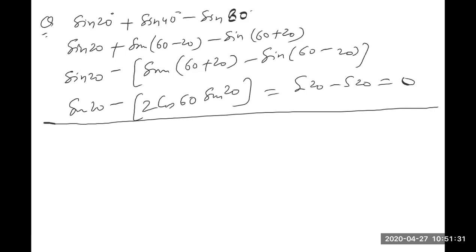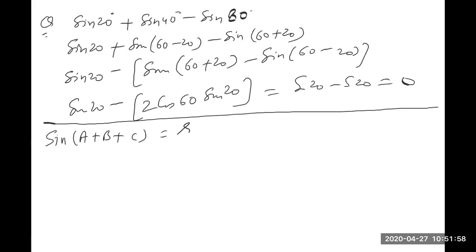So far we know sine (a plus b) is sine a cos b plus cos a sine b. Similarly, I can derive the formula for sine of (a plus b plus c). So now write sine of (a plus b plus c). First write the formula, then I will give the derivation of one of them. Others you can derive the same way.